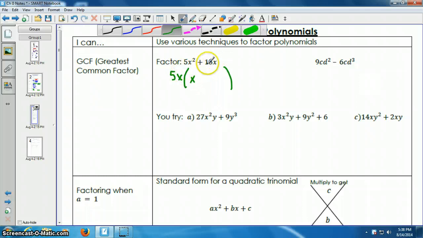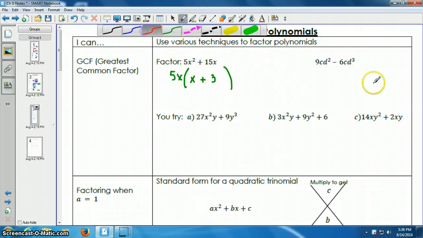Next, I'm going to take the 15x and divide it by 5x. So let's just start with the numbers. 15 divided by 5 is 3, and x divided by x is 1. So I don't really need to represent that number there, cancels it out. So now if I were to redistribute, yep, I would get 15x when I take 5x times 3.